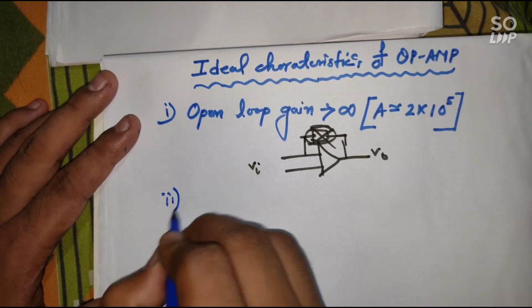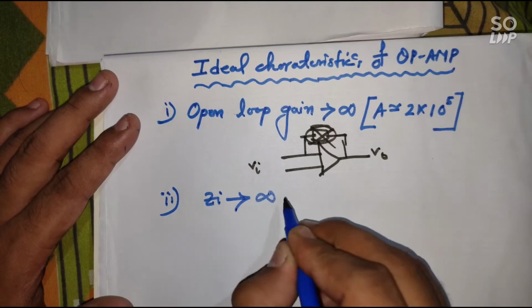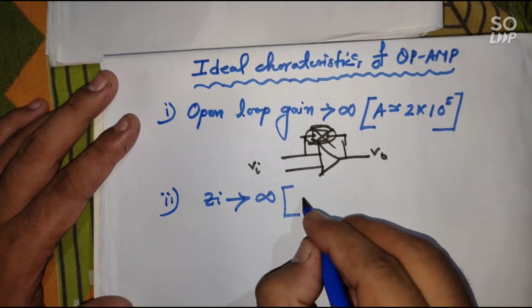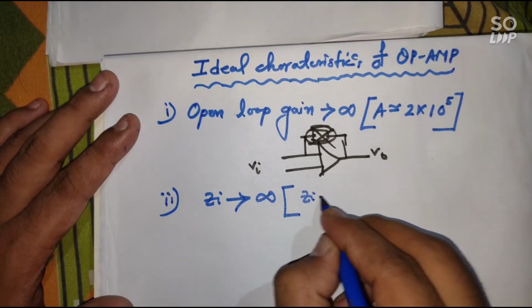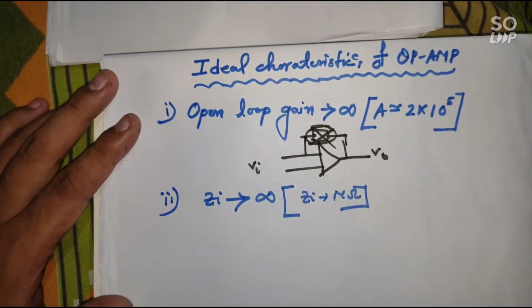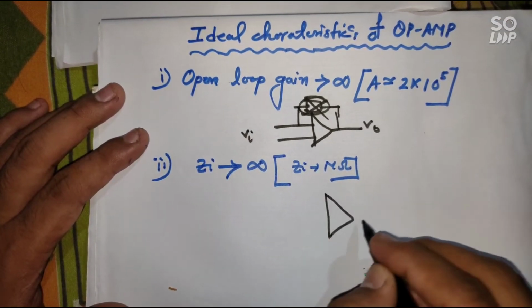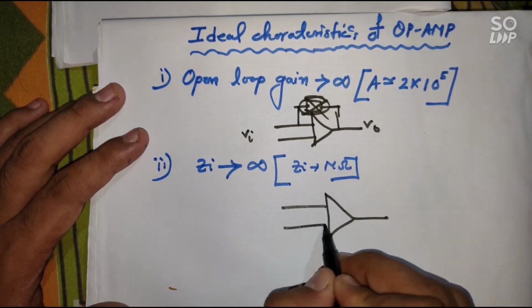Next, point number 2: input impedance Zi must be infinite, but practically it is of the order of mega ohms. What is input impedance? Consider the symbol of the op-amp.